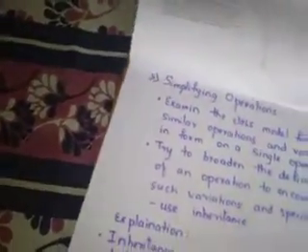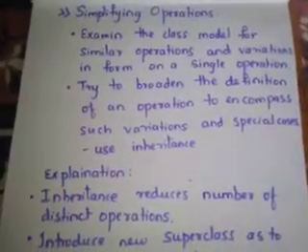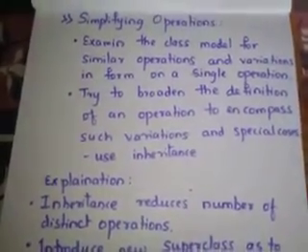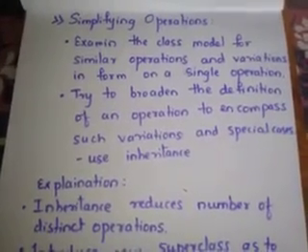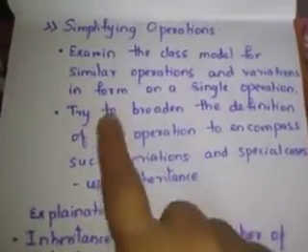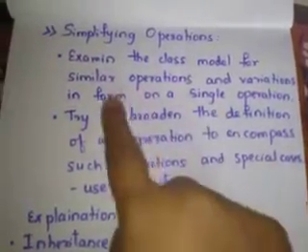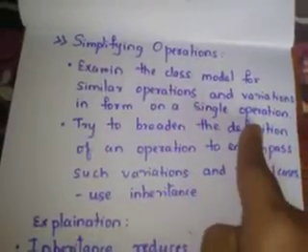Next is simplifying the operations. Whenever we go into application specific functionalities, we get more functionalities, but sometimes some of the operations look similar, or they are variations in the form of a single operation.